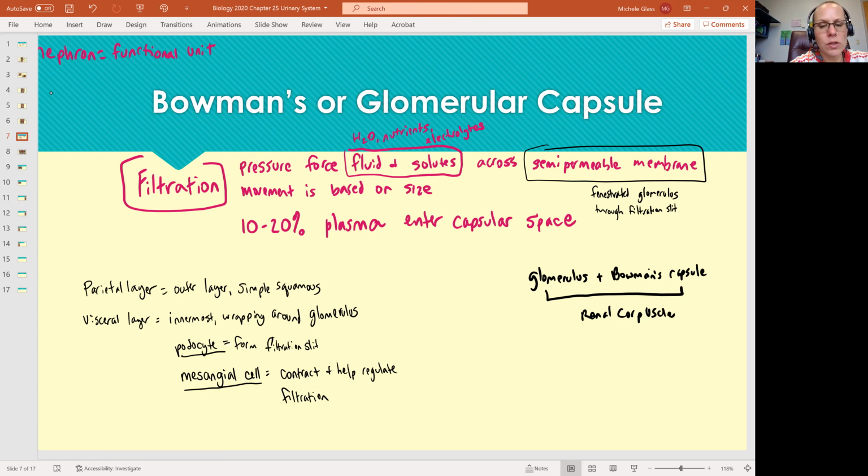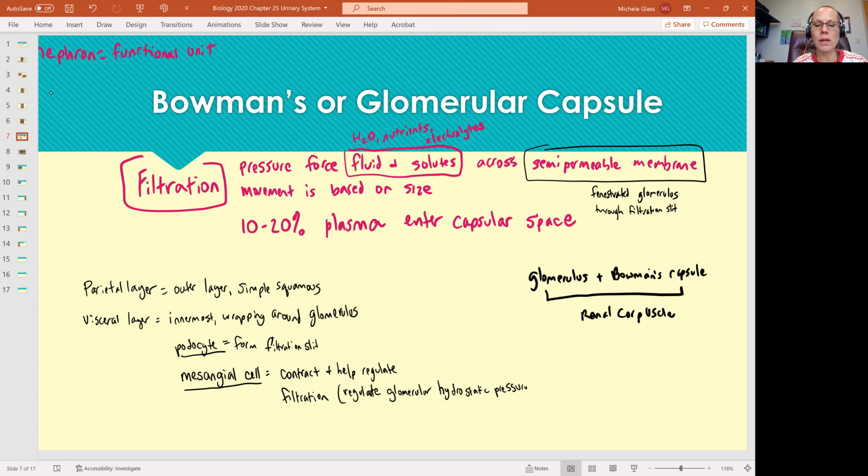We'll see it's doing that because it's going to help regulate, no, excuse me, glomerular hydrostatic pressure.